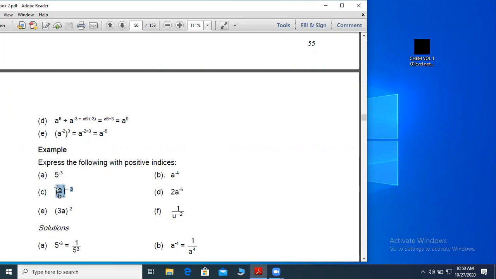Do you get how we are doing it? A out of B to power negative 3. A over B becomes one number.